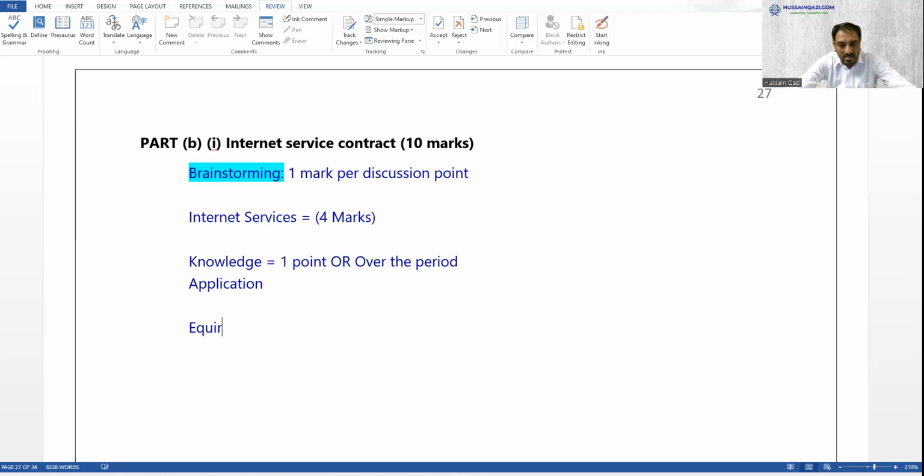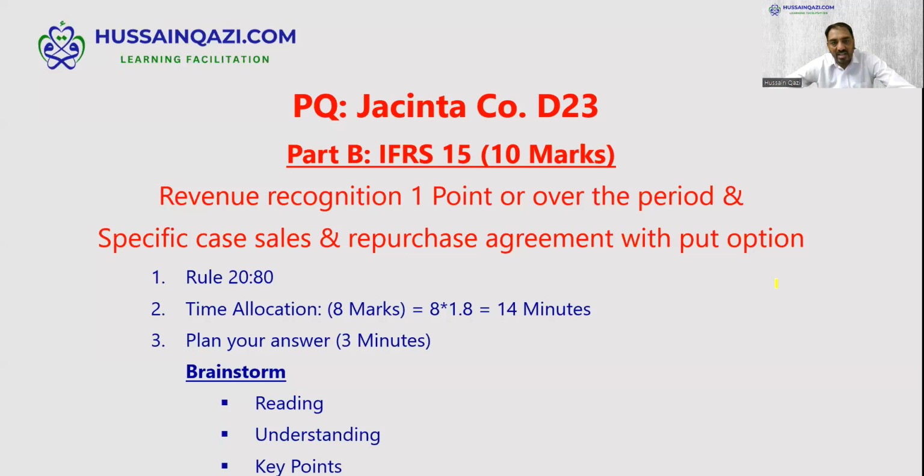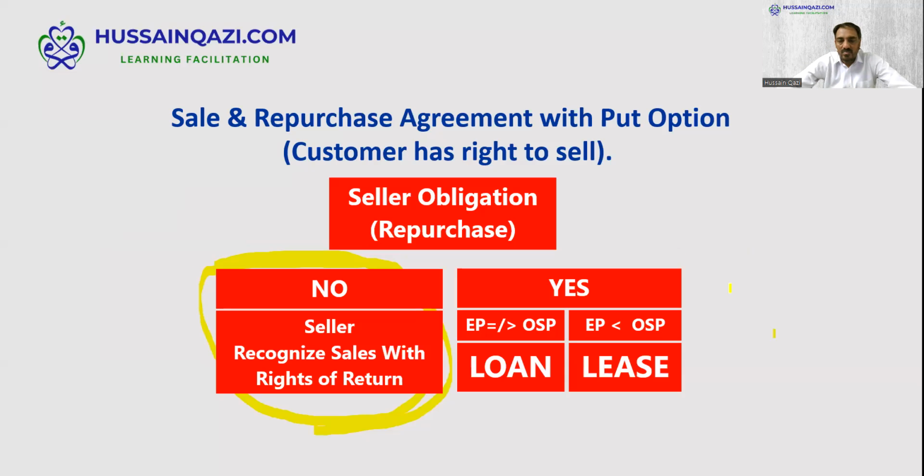For equipment, this is about 6 marks. Sale and repurchase with put option. Do you have to mention the complete knowledge? No. If you have read the question carefully and identified that this is about a seller who doesn't have an expected obligation, you just focus your knowledge on the very particular area.